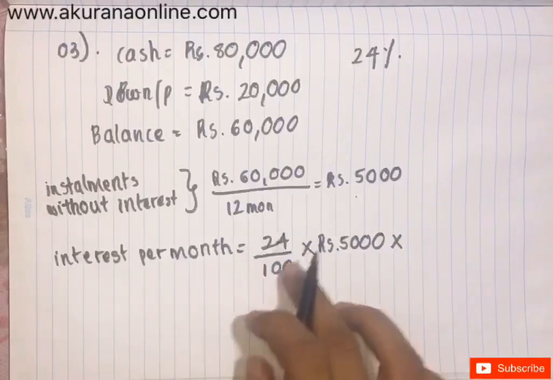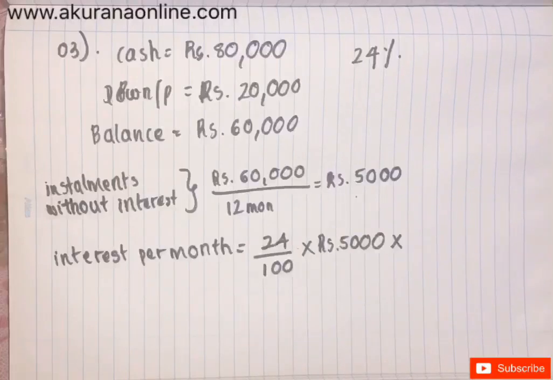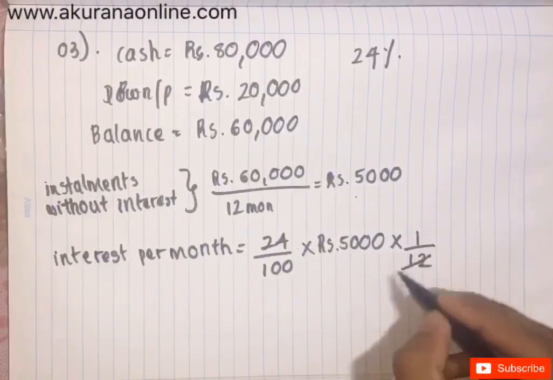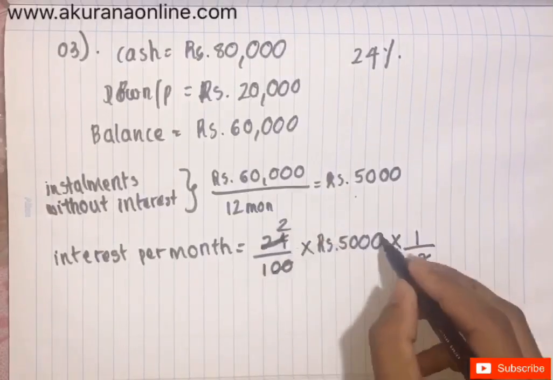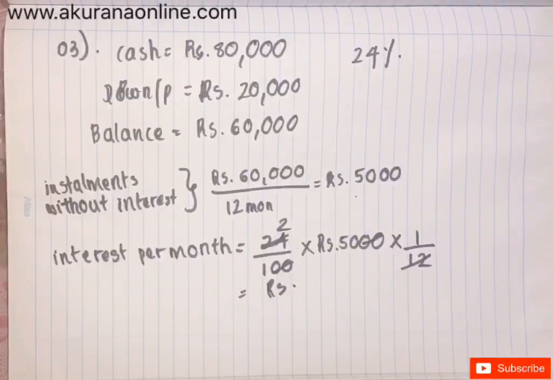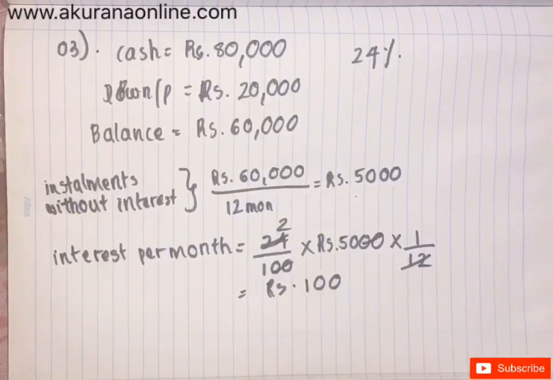Now this interest rate is per year, so you have to find it per month. How many months are there in a year? 12. Therefore, you have to divide that answer by 12. When you solve this, the answer should be 100. Therefore, for 1 month, you get an interest of 100 rupees.